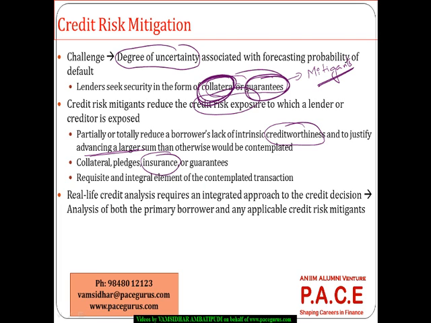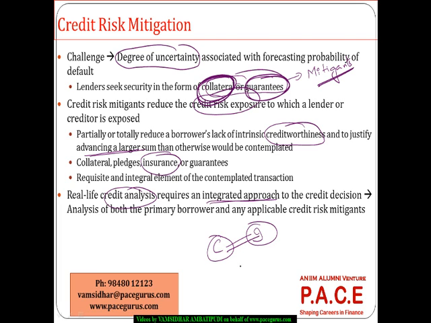And when we are doing a real life credit analysis, we are always looking at an integrated approach. We are not isolating each of these pieces. We are not isolating the collateral and the underlying instrument. We can't look at these two separately. I have to look at the integrated approach to the credit decision.